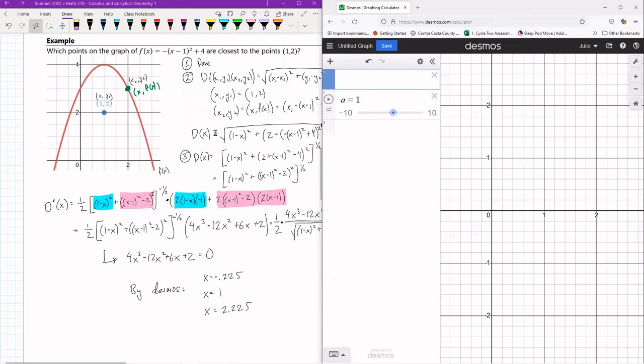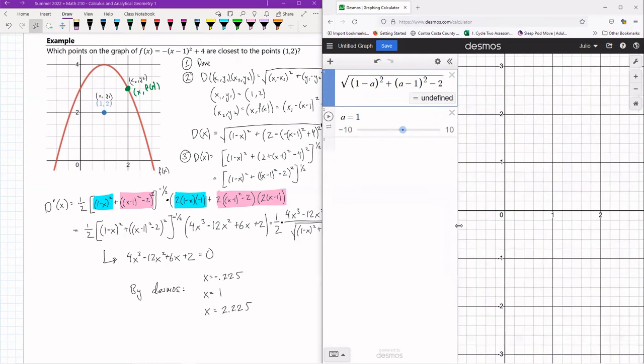So I'm going to go back up here and use my original equation, the square root of 1 minus A squared, using the shortened version, plus A minus 1 squared minus 2. Let me make this a little bigger.